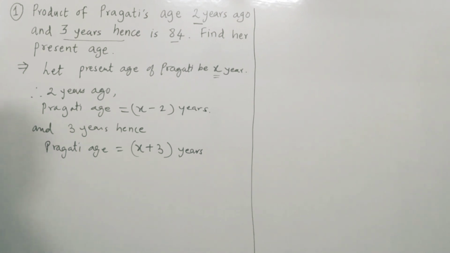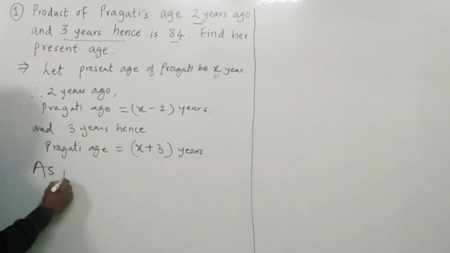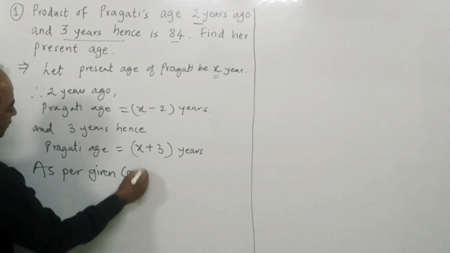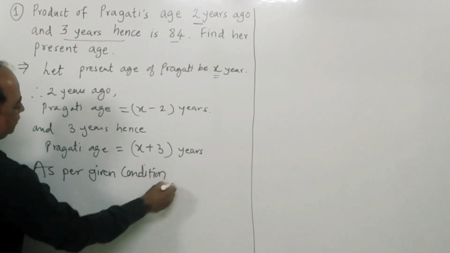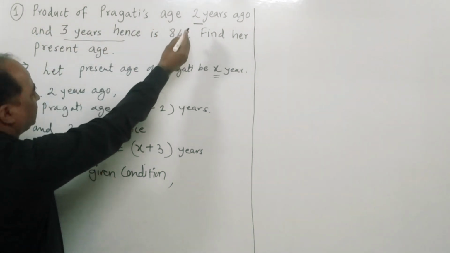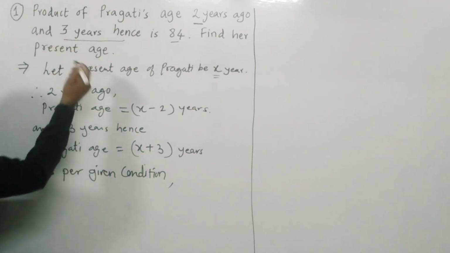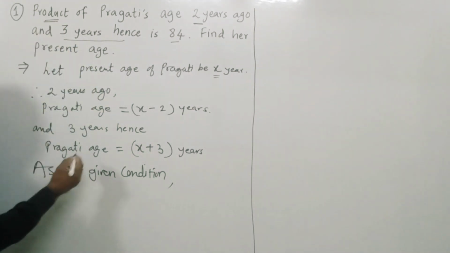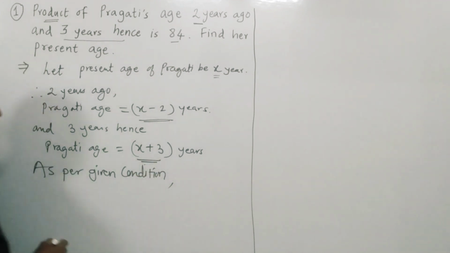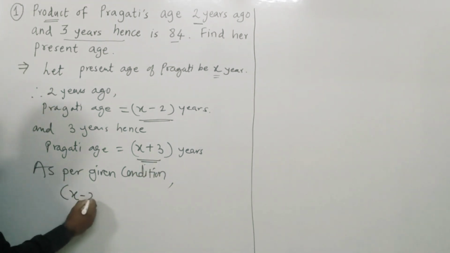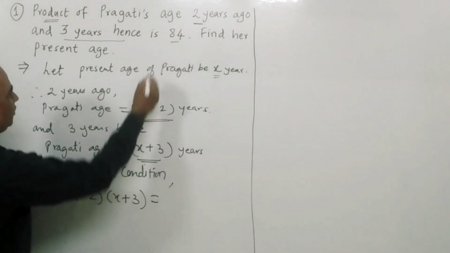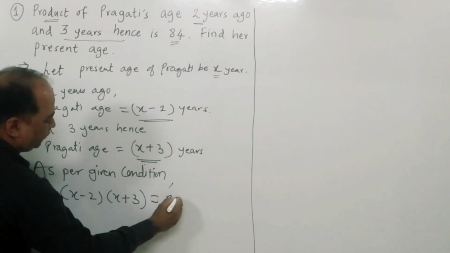Now, as per the given condition, the product of Pragati's age 2 years ago and 3 years hence, that is (x minus 2) into (x plus 3), is equal to 84.